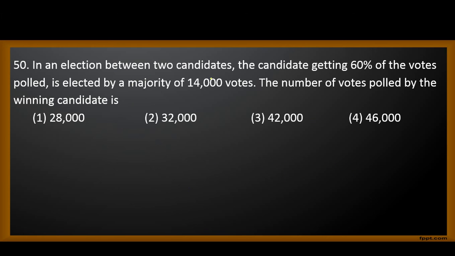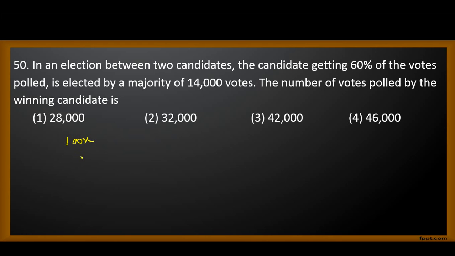In an election between two candidates, the candidate getting 60% of the votes polled is elected by a majority of 14,000 votes. The number of votes polled by the winning candidate is? Let the number of votes polled be 100x.